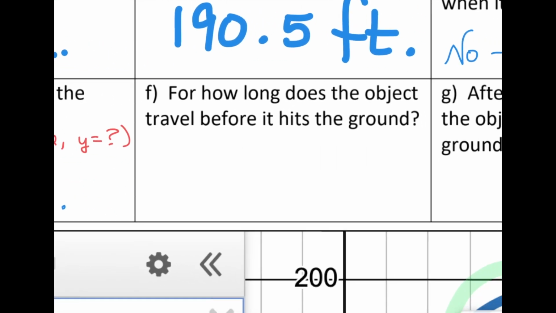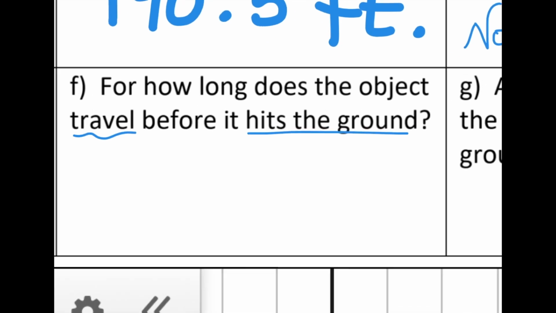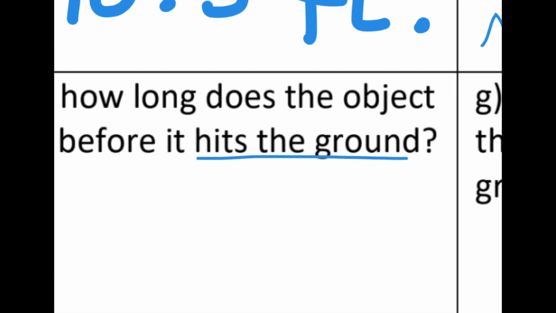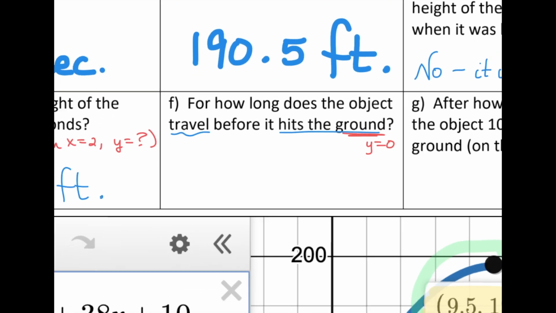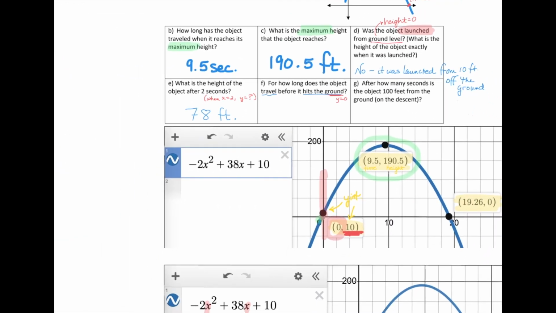Question F asks when it hits the ground. So the object has been traveling for a time, and then it hits the ground. And hits the ground is always going to be, when you're talking about a y-axis that's height, the ground is always y equals 0. We said that in part C. And so here, I want to look for where the object hits the ground.